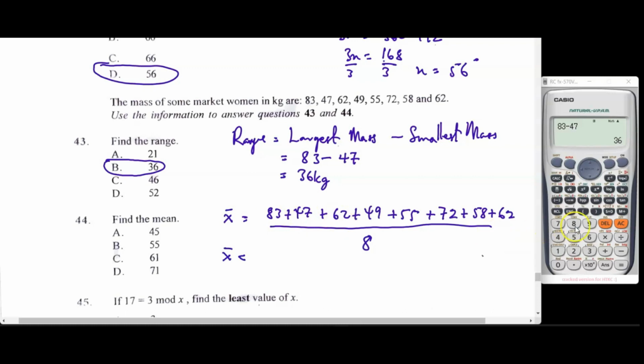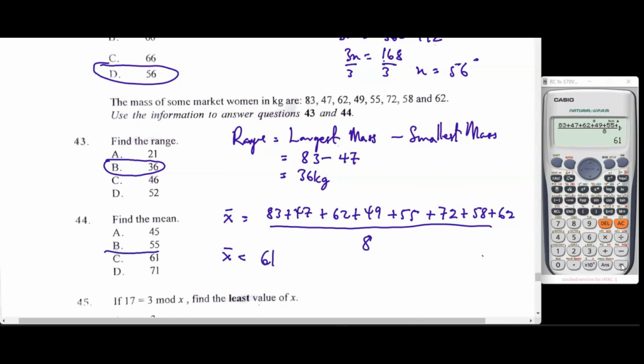Let's program it on our calculator. So we'll go for fraction. 83 plus 47 plus 62 plus 49 plus 55 plus 72 plus 58, then plus 62, and this must be divided by 8, and the answer is 61.